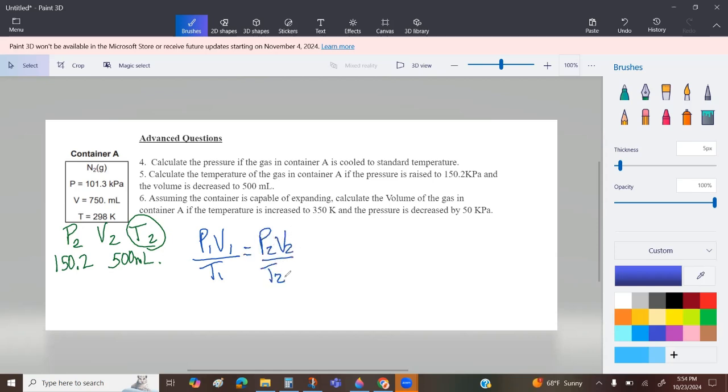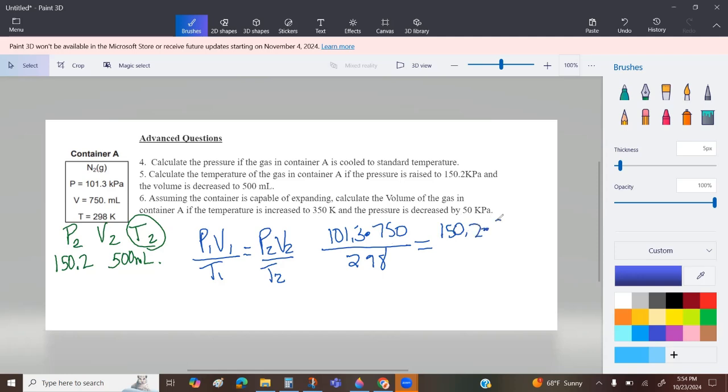I need all the variables this time. So I'm going to go ahead and start plugging in. 101.3 is my first pressure. My first volume, 750. Okay, my first temperature, 298. Over here, my second pressure, 150.2.